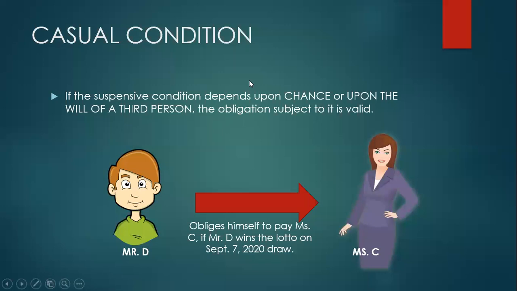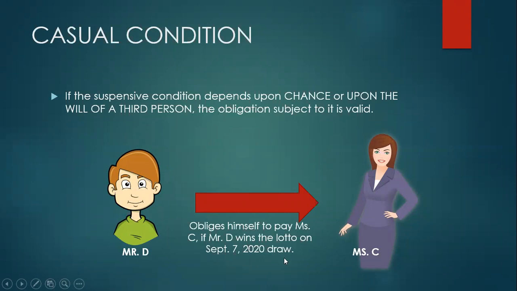Let's go to casual condition. If the suspensive condition depends upon chance or upon the will of a third person, the obligation subject to it is valid. For example, Mr. D obliges himself to pay Miss C if Mr. D wins the lotto on September 7, 2020 draw.